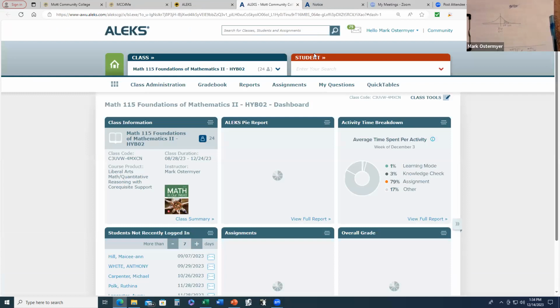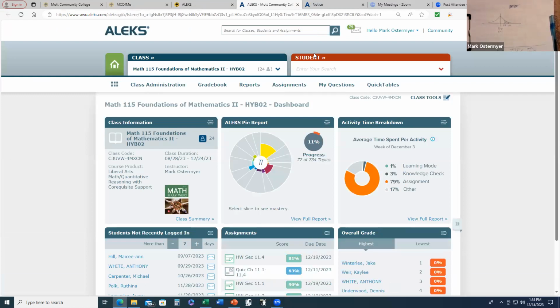So we go to Alex here, and in the back of your book, there's an appendix, and it should have a standard normal probability distribution table. It does.